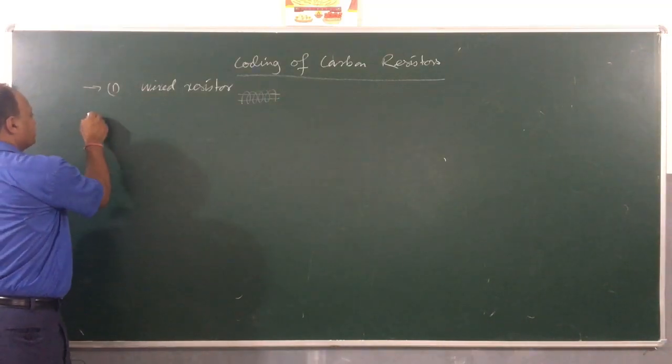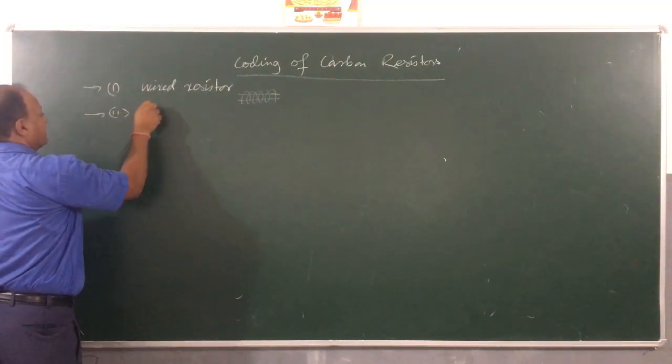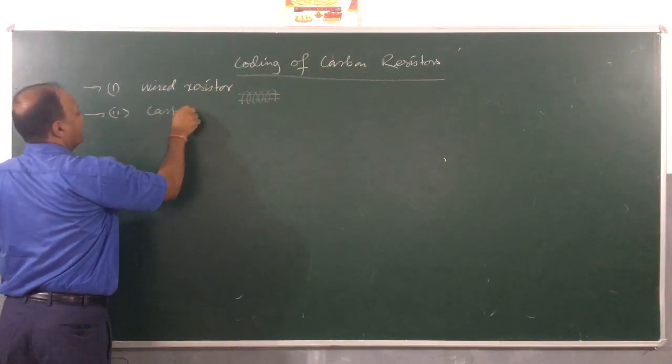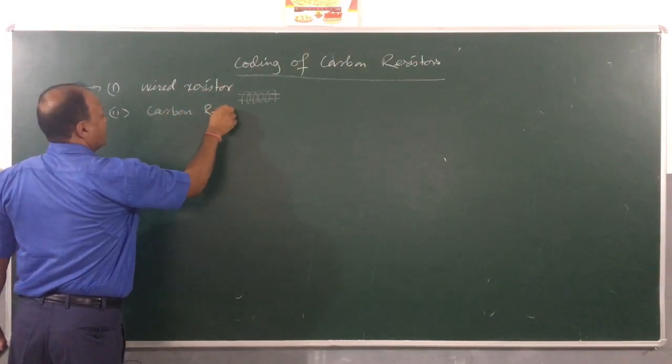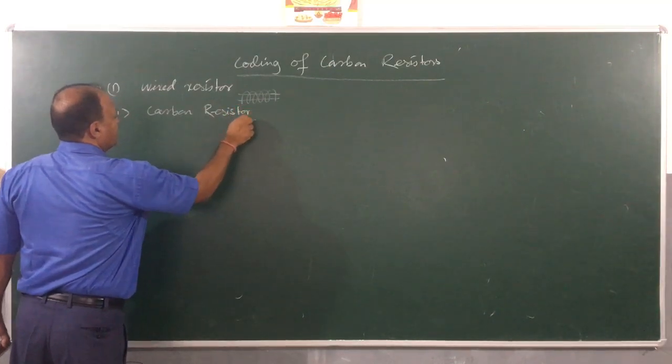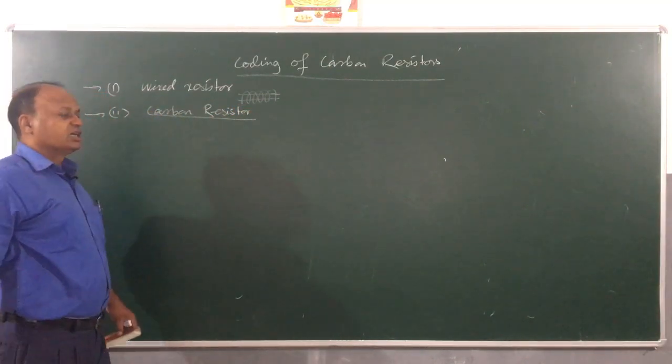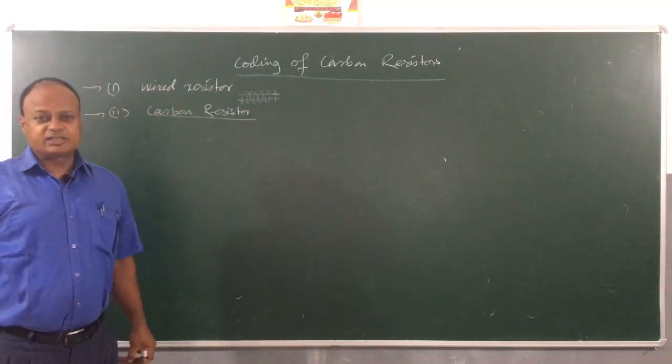Therefore we use a carbon resistor, and a carbon resistor is basically a piece of carbon which has very high resistance.